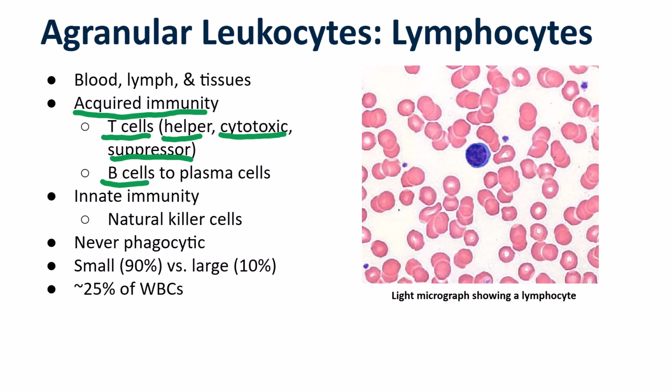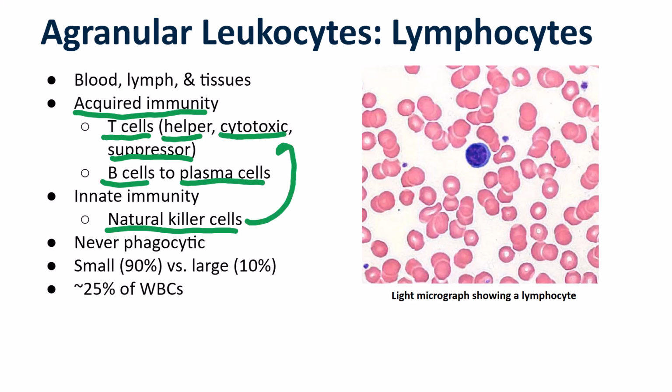And then B cells, or B lymphocytes, once they become activated, become plasma cells, typically in tissues, where the plasma cells are the cells that are secreting antibodies for humoral immunity. There's also a class of lymphocyte that is important for innate immunity, and these are called natural killer cells, which behave much the same way as cytotoxic T cells, but require no previous exposure. Lymphocytes are never, ever phagocytic.